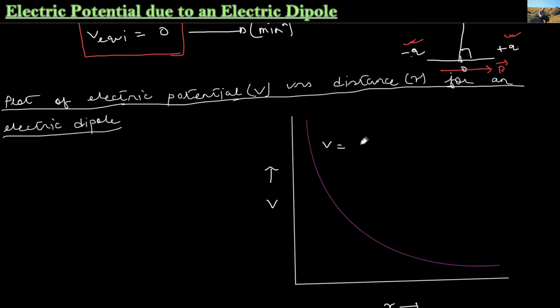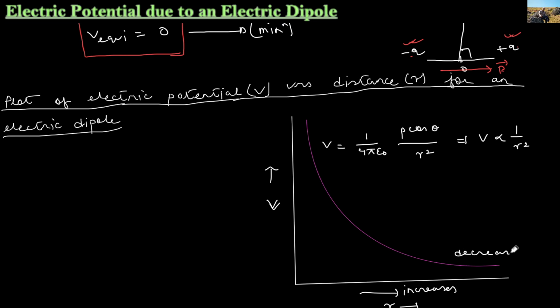Because V is given by 1 by 4 pi epsilon naught P cos theta divided by r squared, or simply we can write V is inversely proportional to r square. That means as distance increases, your potential V will decrease.